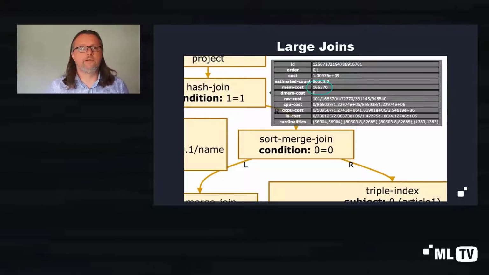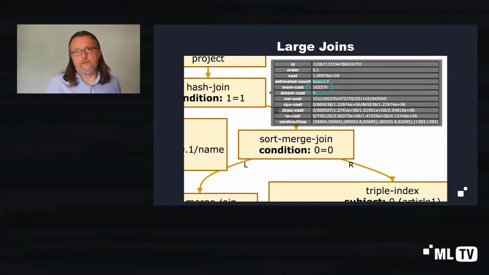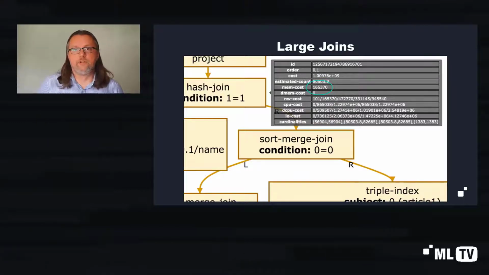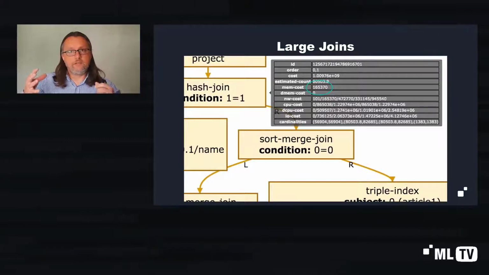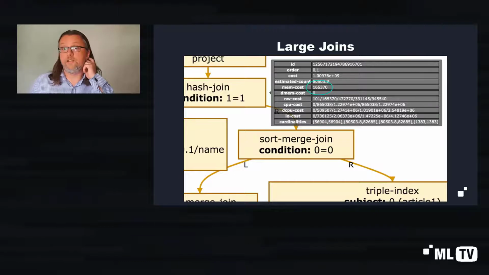Here, for instance, you can see we're looking at the mem cost. Now, I'm not suggesting actually that 165,000 is a high value there. But that is the attribute to look for, the cost estimate to look for. That is the peak memory usage for the whole of the subtree though, and so doesn't necessarily refer just to that join operator.